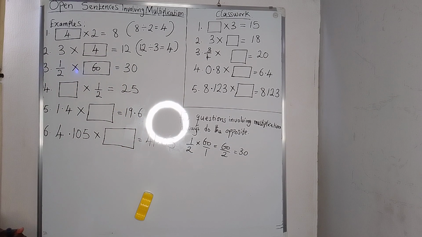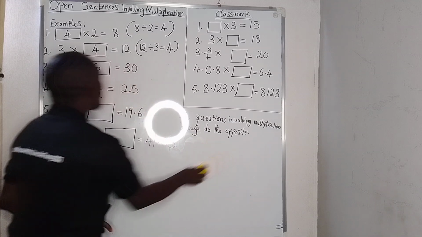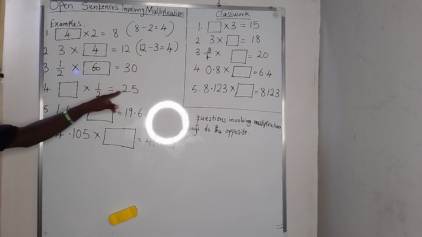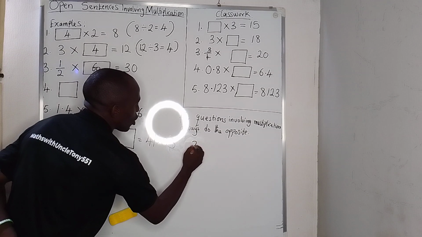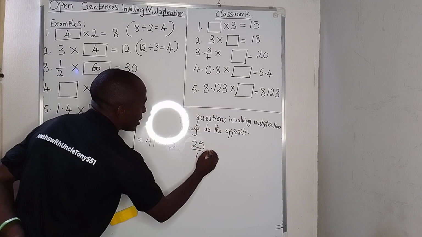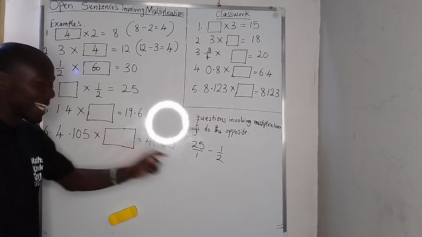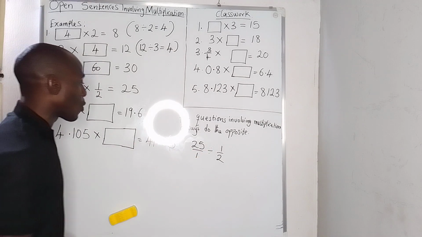So now let's look at number 4. What's number 4 saying? Number 4 says open box multiplied by half will give us 25. So now 25 comes first. 25 over 1 divided by 1 over 2. Like I said before, if you're met with this type of fraction, always do the reciprocal.